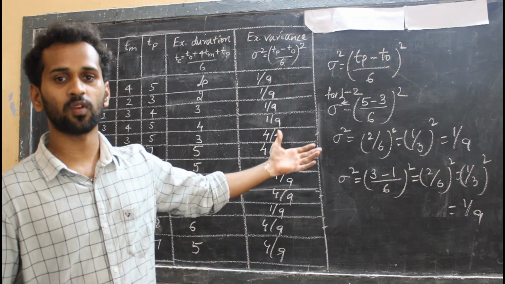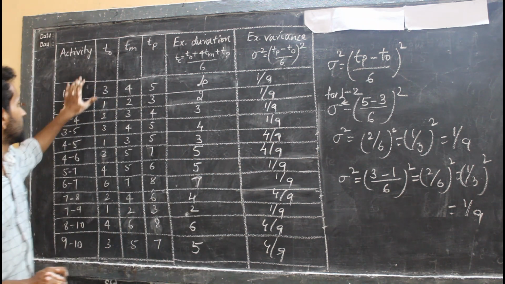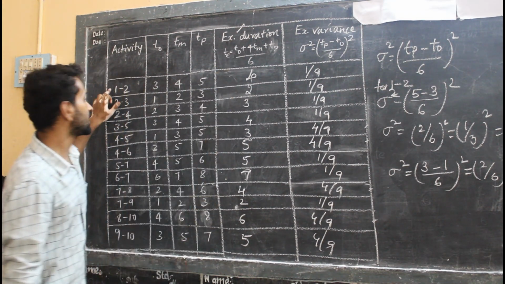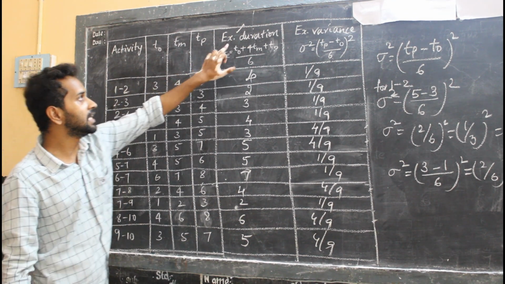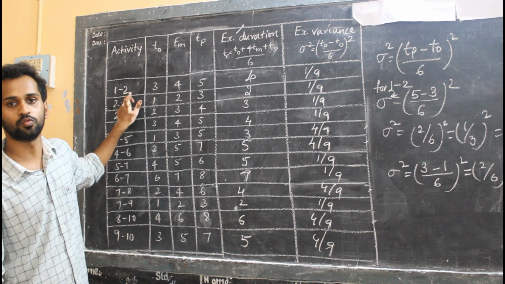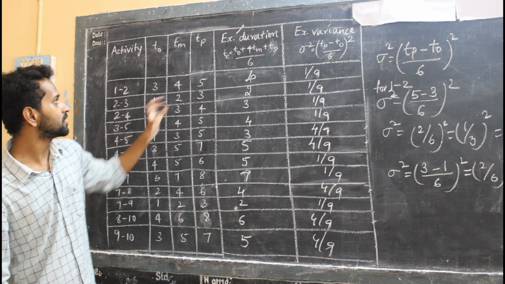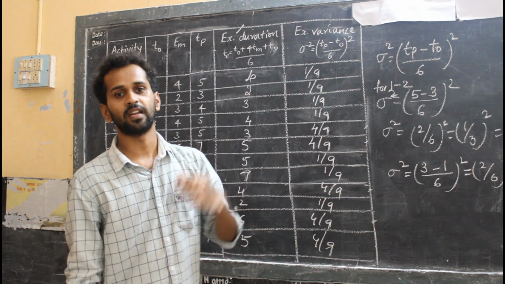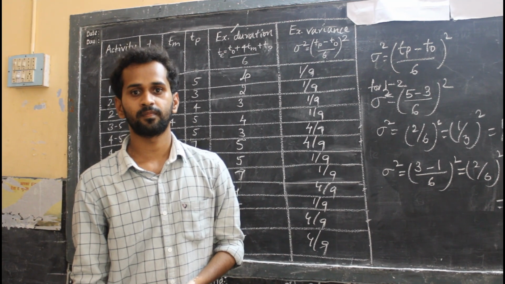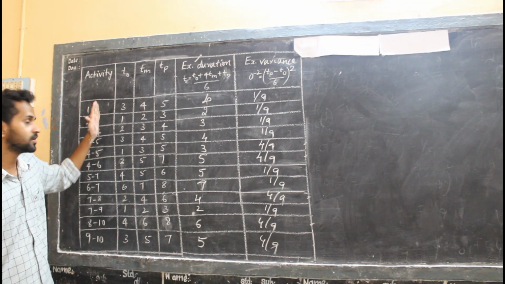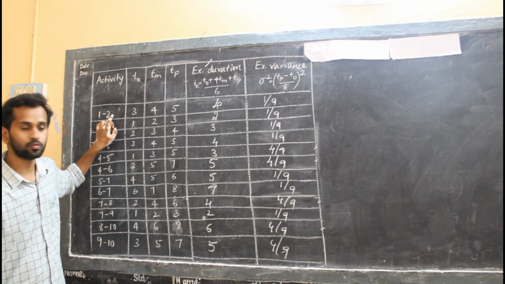Further, let us draw a network by using the activities and TE. My TE is the time duration to complete an activity, such as 1 to 2. So using the activities with their expected durations TE, I will be drawing a network now. Okay guys, let us start drawing the network. The first activity I am starting with is 1 to 2.